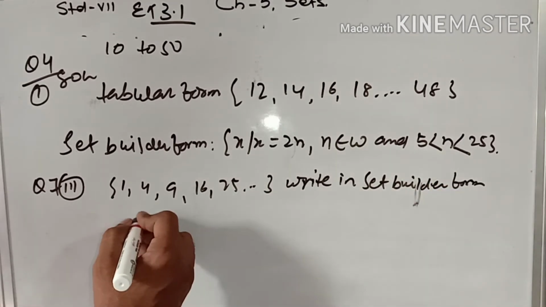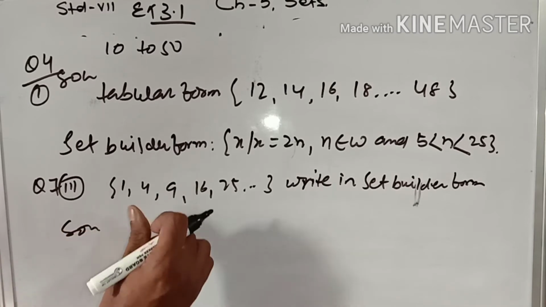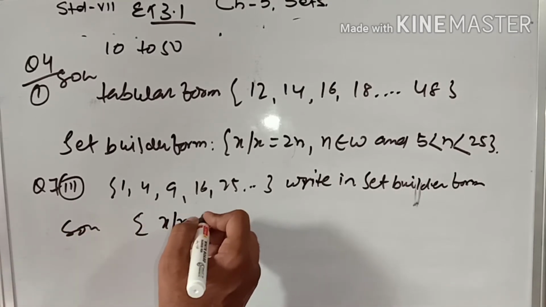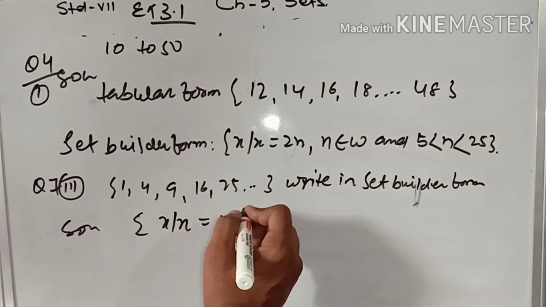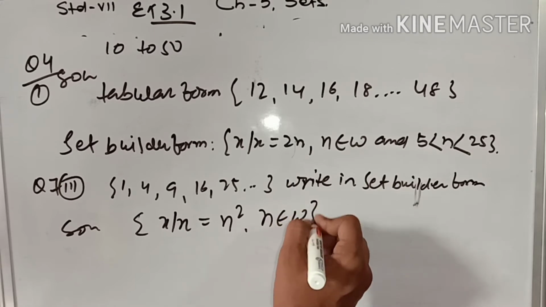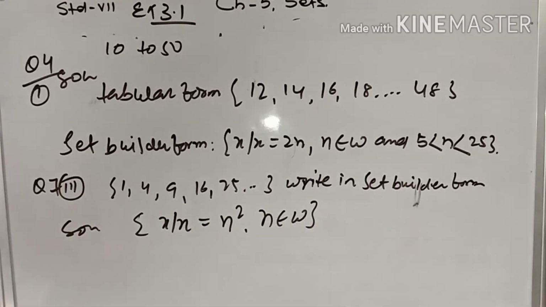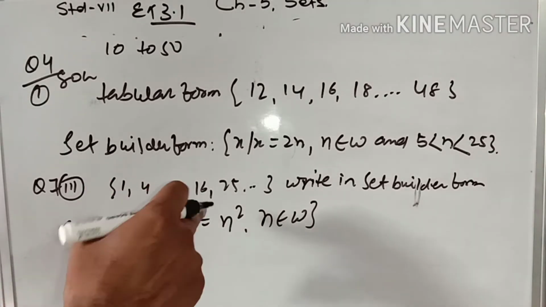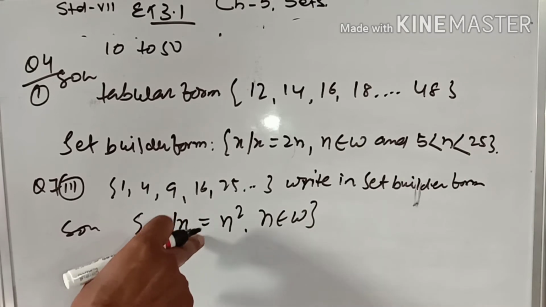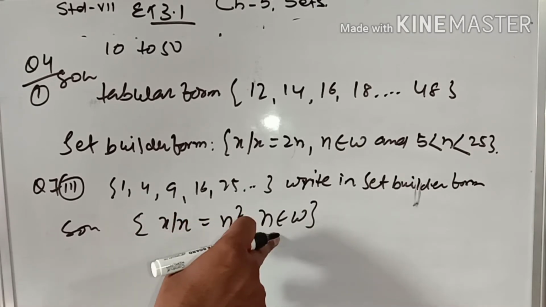Solution, write down: curly bracket x such that x equals n square, where n belongs to whole numbers. 0 is no value, 1 into 1 is 1, 2 into 2 is 4, 3 into 3 is 9, 4 into 4 is 16, 5 into 5 is 25. So I can write x such that x equals n square, where n belongs to whole numbers.